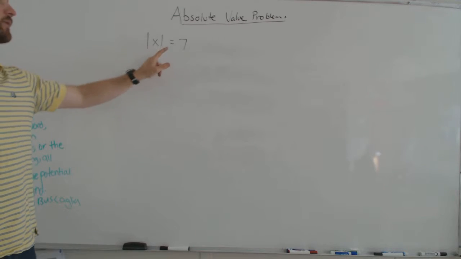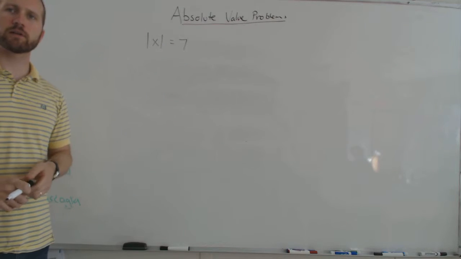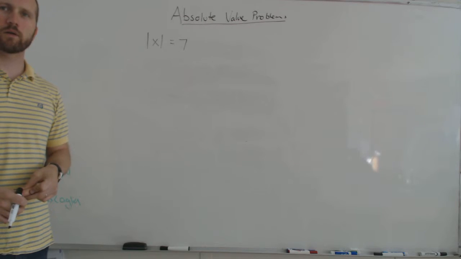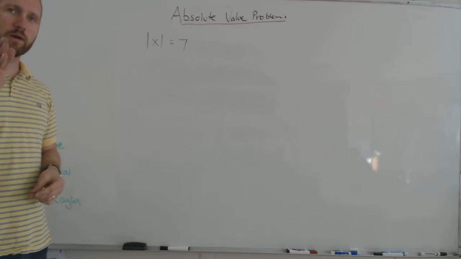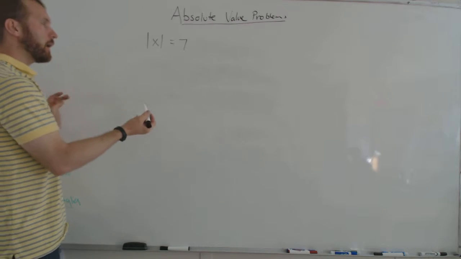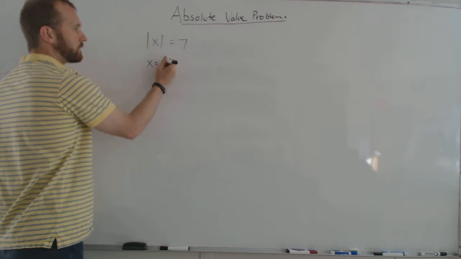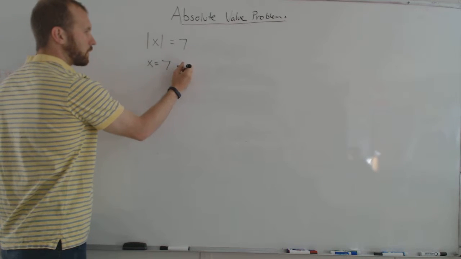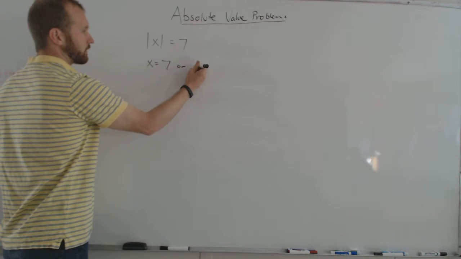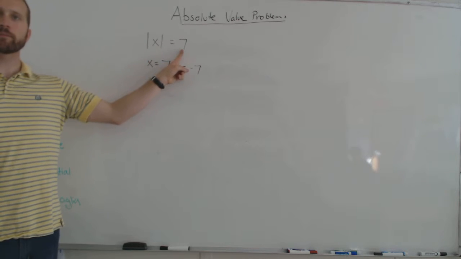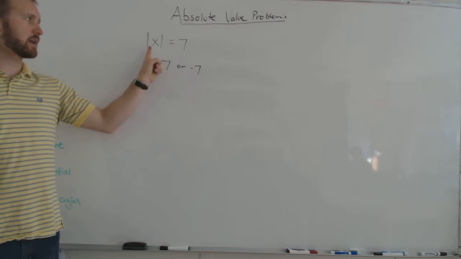What is x if the absolute value of x is 7? It's 7 as well. Or, yeah, so x has to equal 7 or negative 7. Because the absolute value of 7 is 7, and the absolute value of negative 7 is also 7.